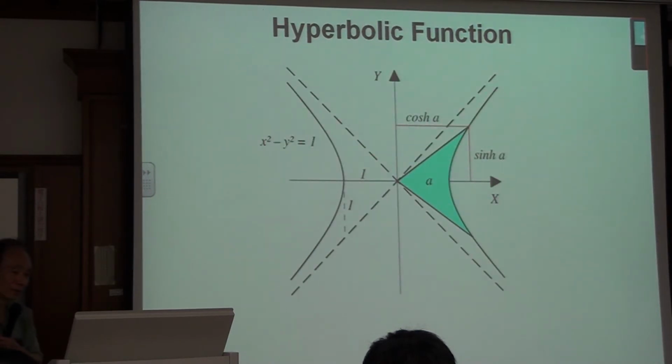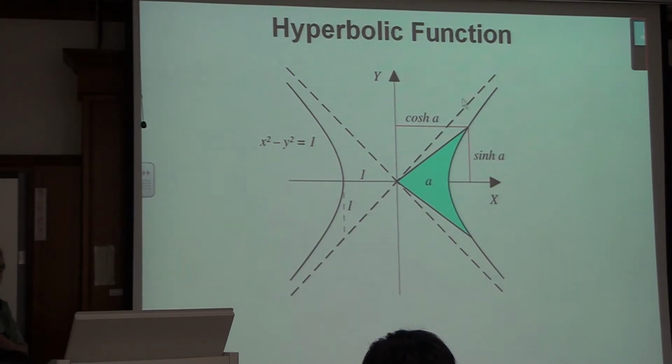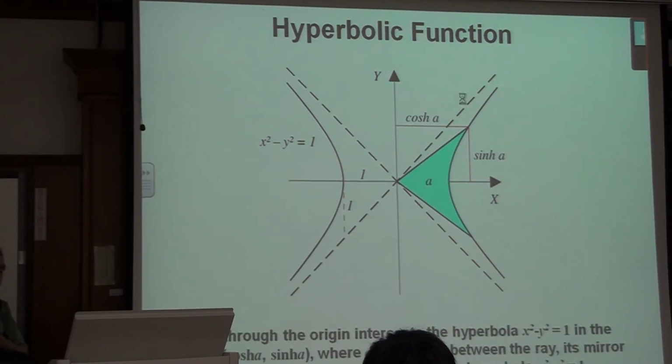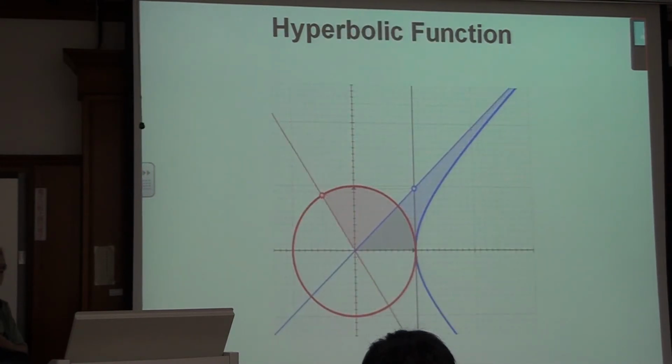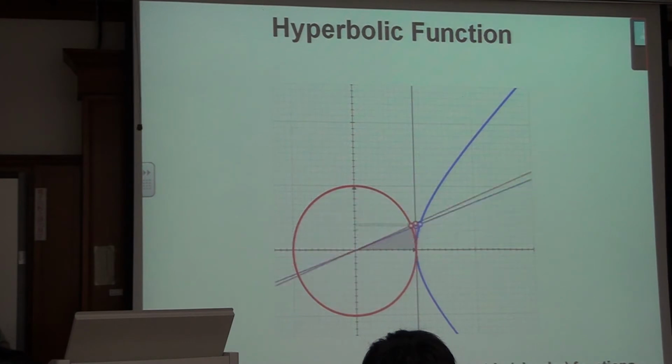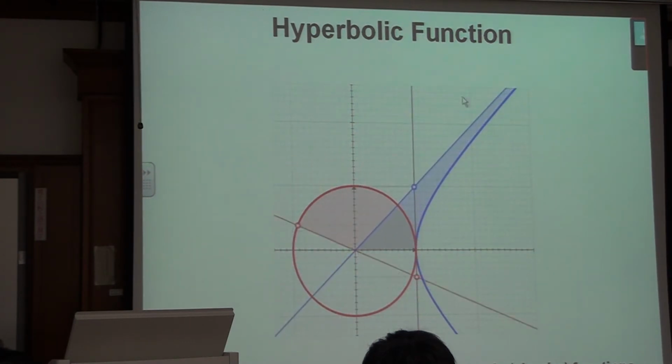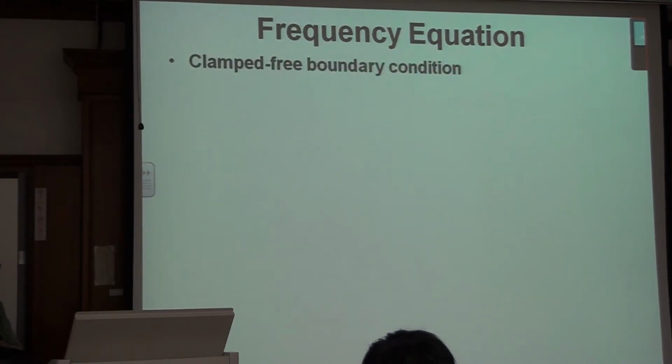And then this is the hyperbolic cosine and sinh. I'm not going to show you much about this, because this is some interesting animations for your hyperbolic equations. I'm going to skip this, okay?